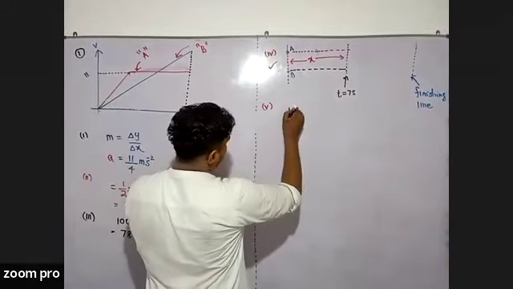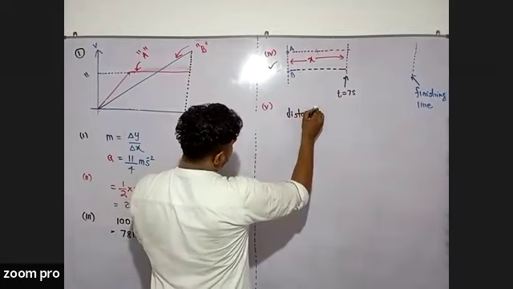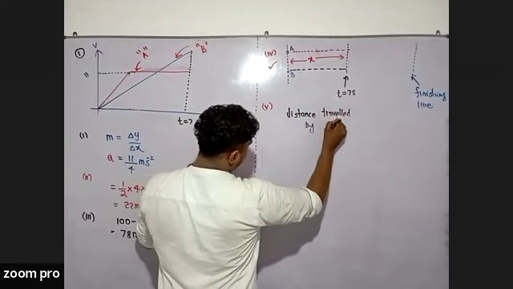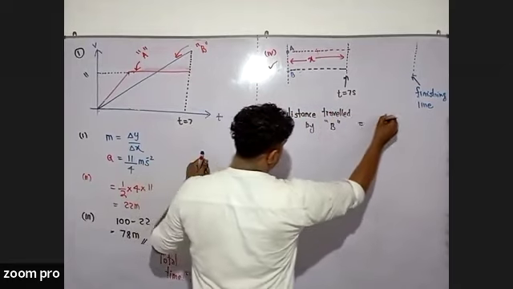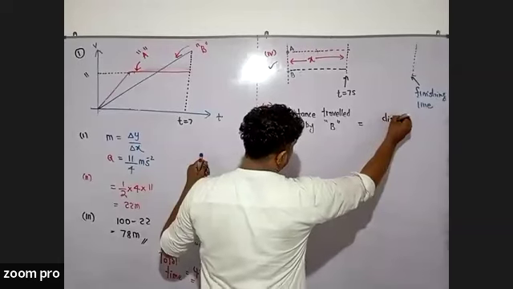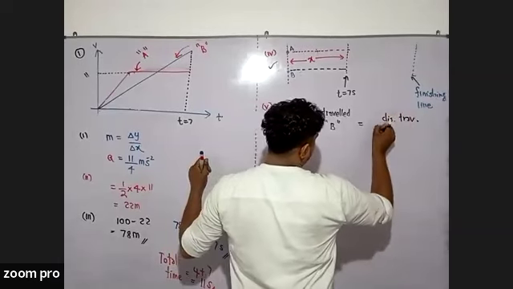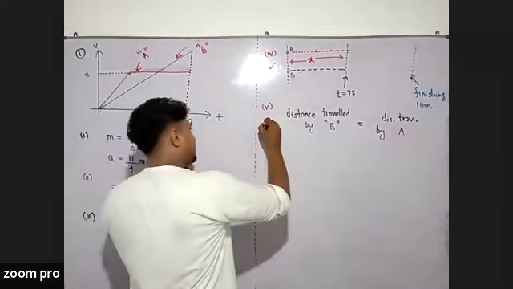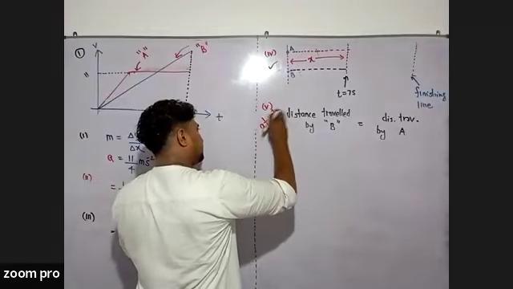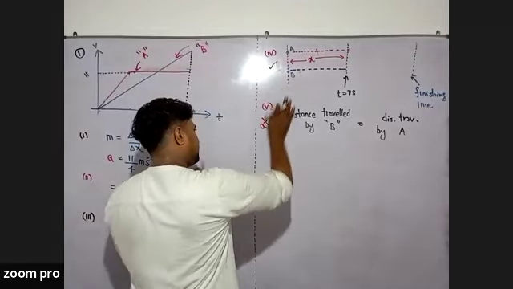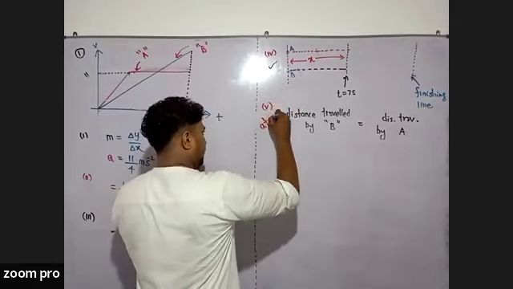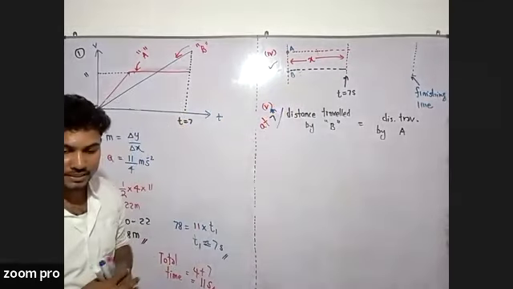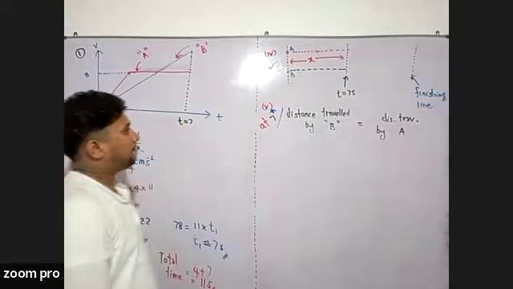So the distance traveled by B person is equal to the distance traveled by A, right? Because that's at the 7 seconds. At the 7 seconds, both these athletes traveled the same distance, right?